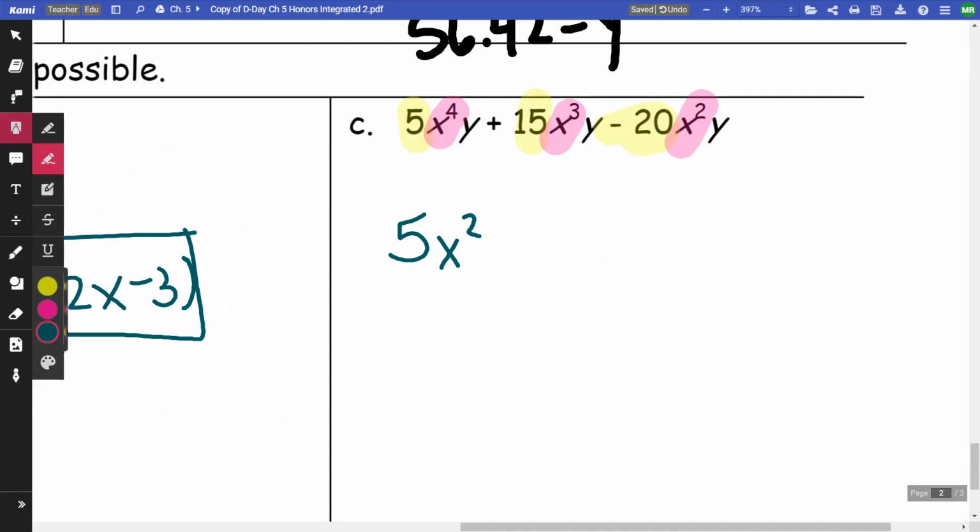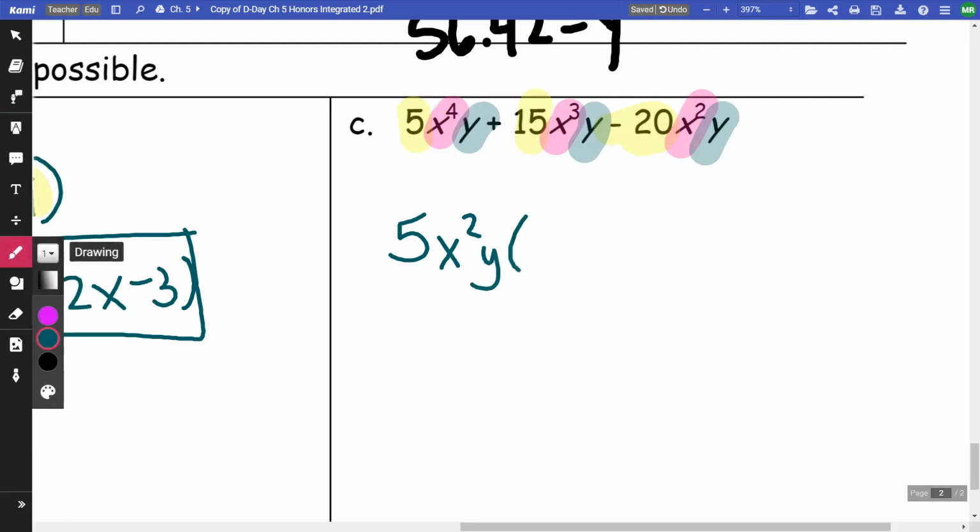And then looking at the y, the y, the y, I can take a y from everything. And from my first term, I'm going to be left with an x squared. From my second term, I'm going to be left with a 3x. My last term, I'm going to get a negative 4.